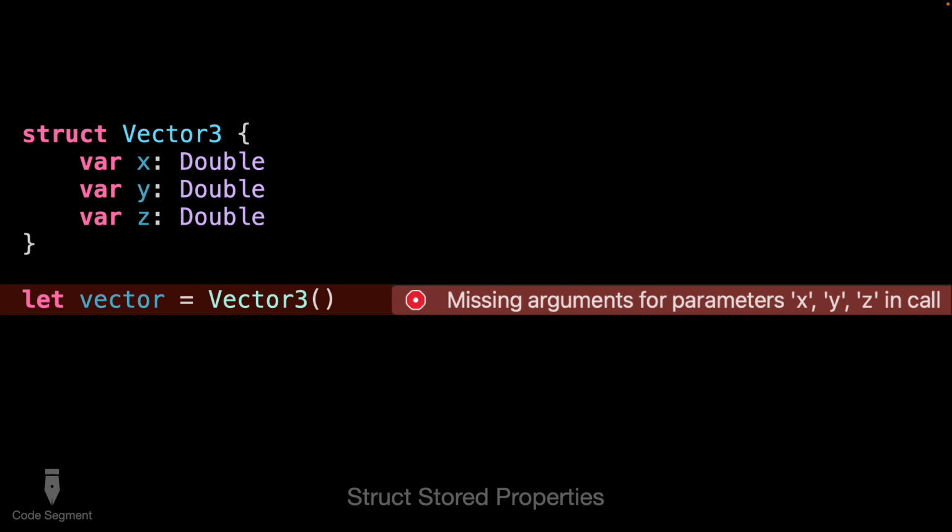The only difference is that these variables and constants are tied to the instance of the type that you're creating. So in this case, we have a vector3, and every instance of vector3 has an x, a y, and a z, right? And whenever you're using them, you can access those using dot syntax, and we'll look at that in a moment.